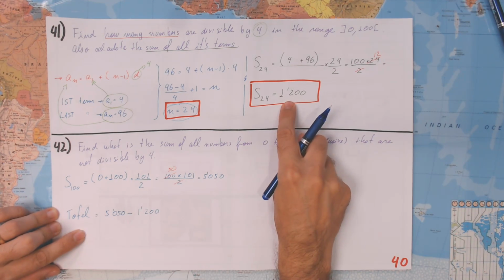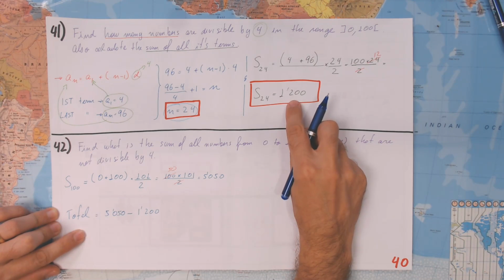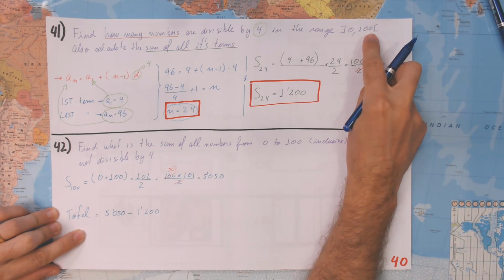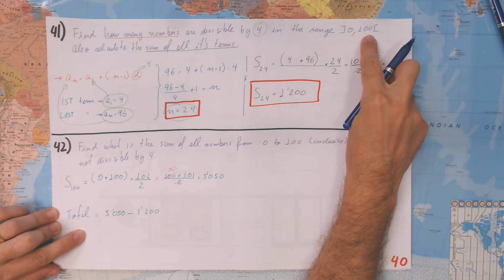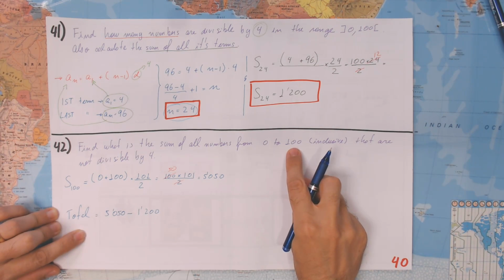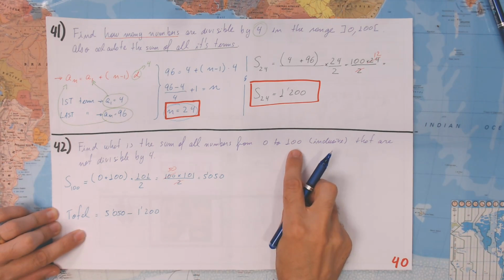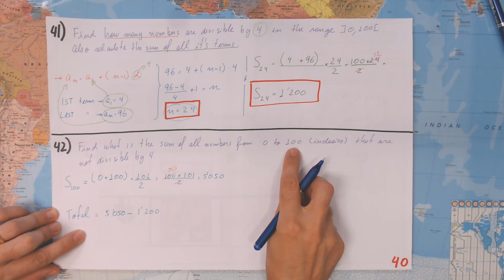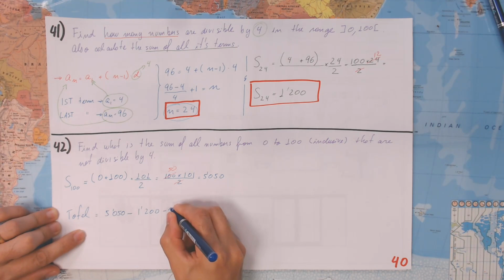But in here we did not count the 100, because I just wanted to play with the last term in here, but now we have to count. And 100 is divisible by 4, isn't it? So we have to count this one too. So 100 is not going to be in our counting.